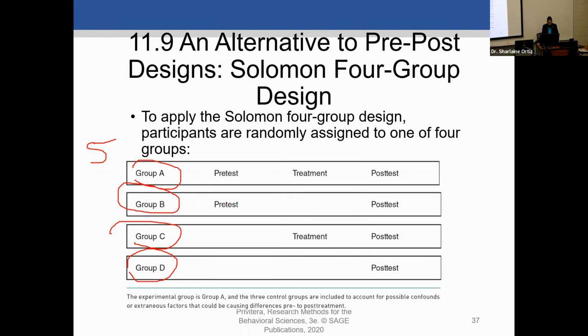Because it allows you to see if there was any effect of the measurement of that pretest on the post-test scores.